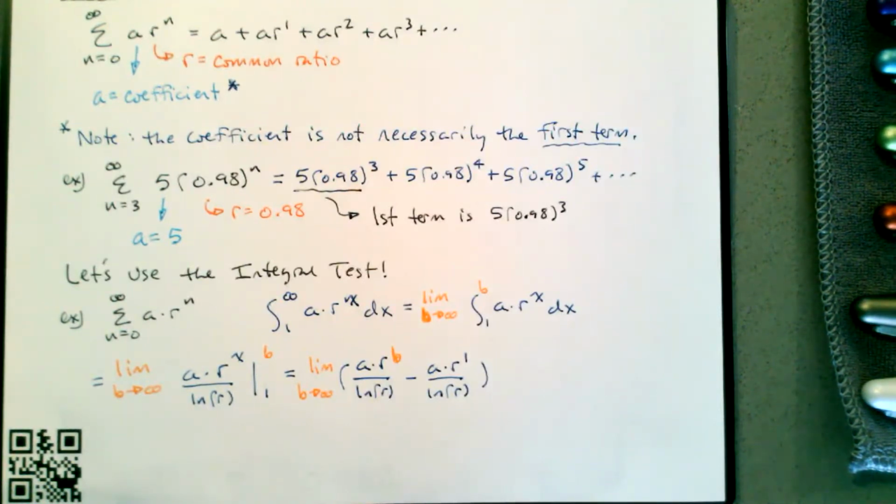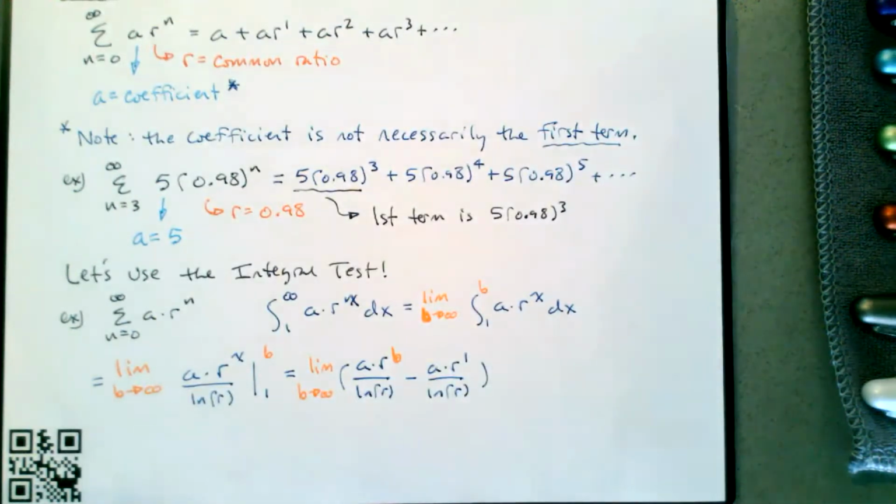However, if r is between 0 and 1, then the term with the r to the b will go to 0. And so the limit will be a times r to the first. The improper integral will converge. So therefore, the series converges.